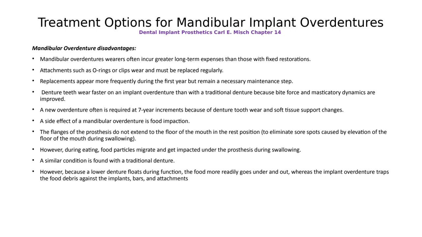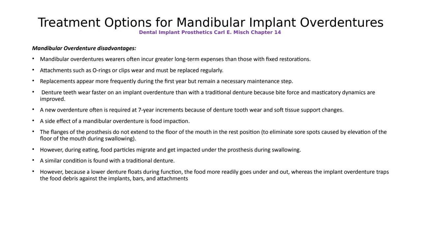The flanges of the prosthesis do not extend to the floor of the mouth in the rest position. That creates a little problem, because this is how the food gets underneath the prosthesis.